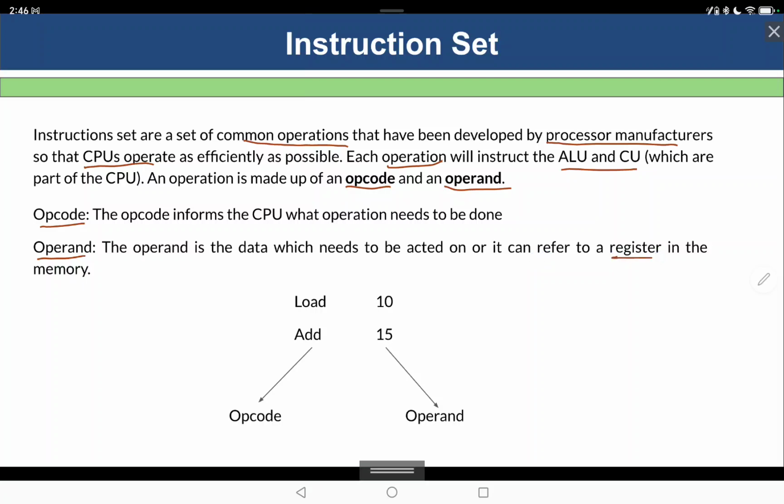For example, an operation is load 10. The load is the opcode, which tells the CPU what to do, which is to load, and the operand, the data, is 10.